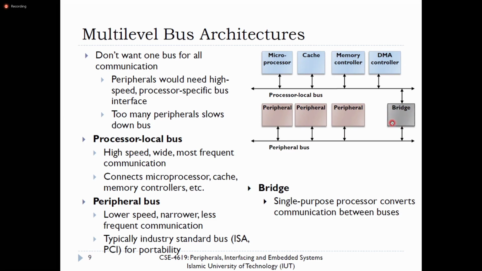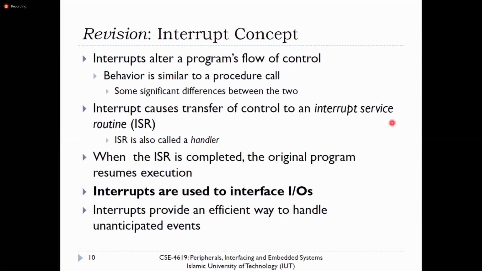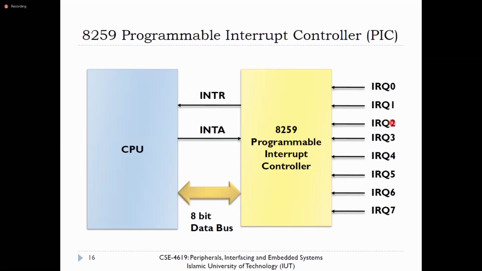So by learning these three architectures, we have come to the end, and we are talking about one particular type of programmable interrupt controller, the 8259, which can handle a maximum of 8 interrupt requests through 8 pins. Those pins are indexed by interrupt request 0 up to interrupt request 7, and this 8259 is directly connected with the microprocessor, having an 8-bit data bus.